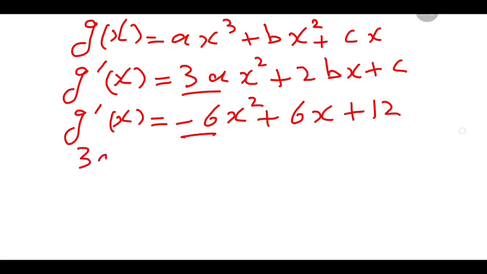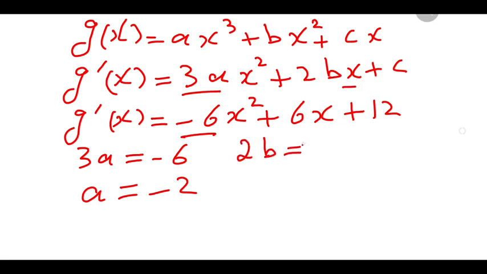So 3a is going to be equal to -6. We equate the coefficients, and from here we find the a value, which is -2. Now the coefficient of x is 2b, and 2b is equal to the coefficient of x here, 6. So b is going to be equal to 3.